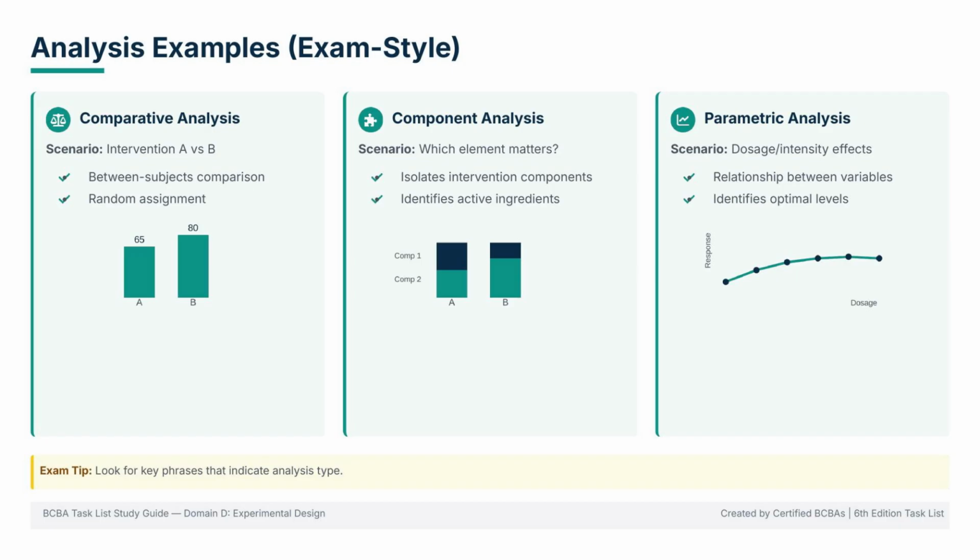You isolate the components and see which one contributes most to the behavior change. This allows you to identify the active ingredients of the treatment. Finally, parametric analysis. Scenario: you want to understand the relationship between the intensity of a behavior modification program and the degree of behavior change. This is when you examine the dosage effect to find the most effective level of intervention.